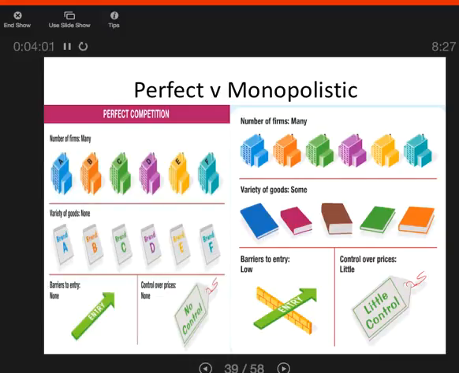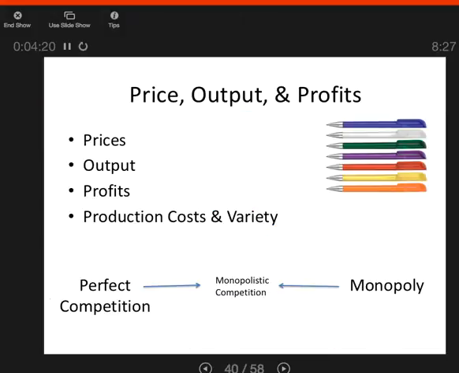Barriers to entry are low, and there is some control over price. So these are companies that really push advertising to really distinguish their products. A monopoly wouldn't have to do that as much because there is no competition for them. So we have the prices, the output, the profits, and the production costs and variety.